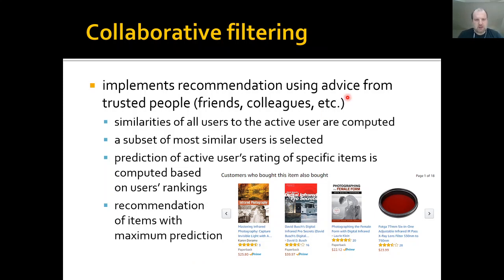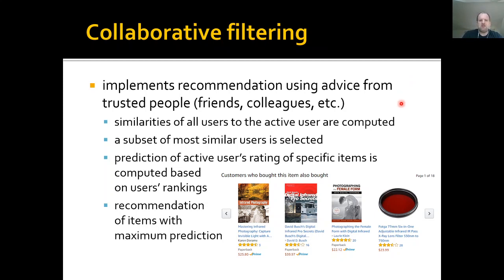So the first one is collaborative filtering, and this method is based on annotation of items by other users. We don't need any information about the items themselves. We only need ratings from other users for these items. That's why we have the matrix of ratings from users to the items.